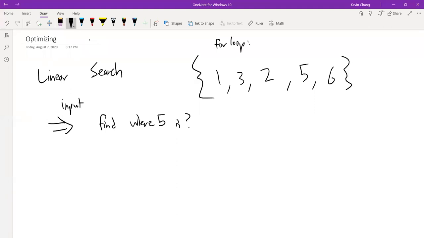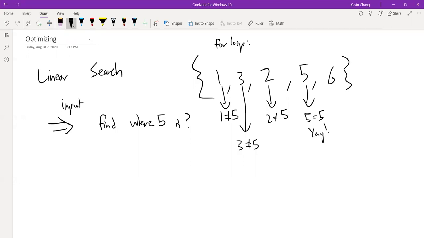We analyze the first number, 1, and say 1 is not equal to 5, so 5 is not in the first position. We look at the second position, 3, and 3 is not equal to 5. 2 is not equal to 5, so it's not in the third position. And 5 is equal to 5. So yay, that's a success, and that means 5 is in the fourth position.